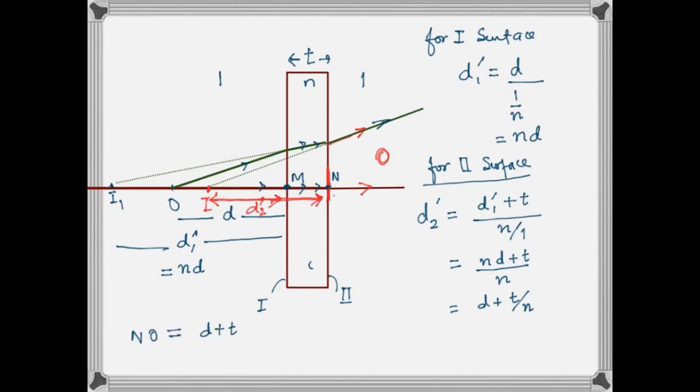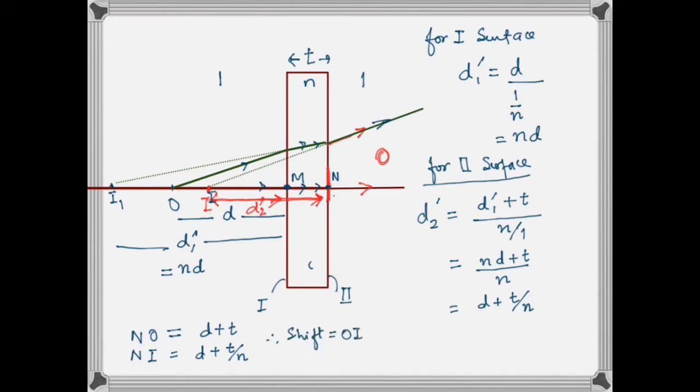Now, if this point is N, and this is O, then the N to O distance is, you can see, t plus d. NO is t plus d. While the N to I distance, where the I distance is this d2 dash, is d plus t by n.